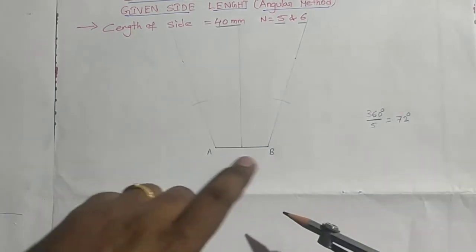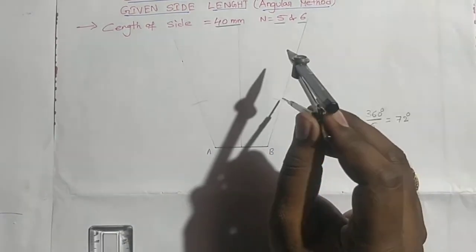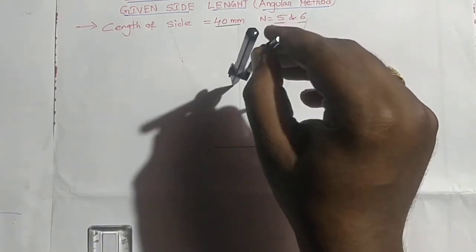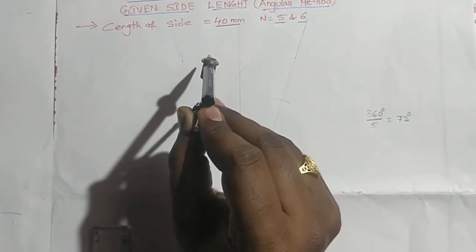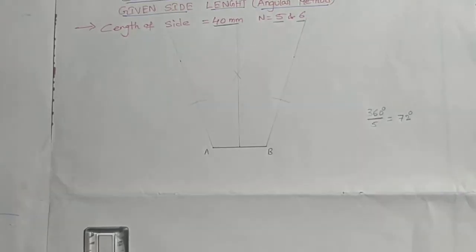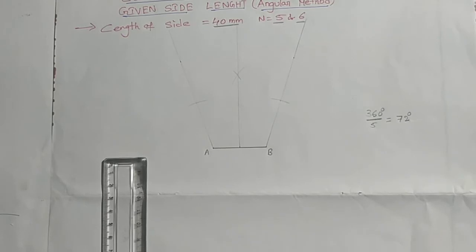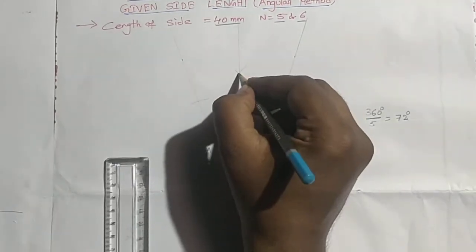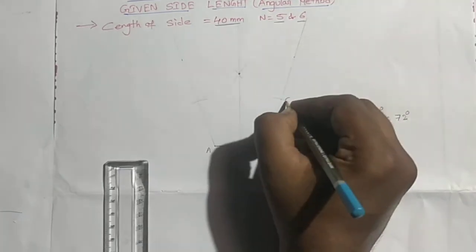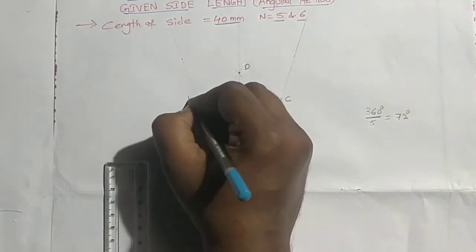Got points A, B, C. Suppose this point is C. From point C, cut the bisector line of AB from the other end. These two intersect this center line at one point. We got the last point, so we have A, B, C, D and E.